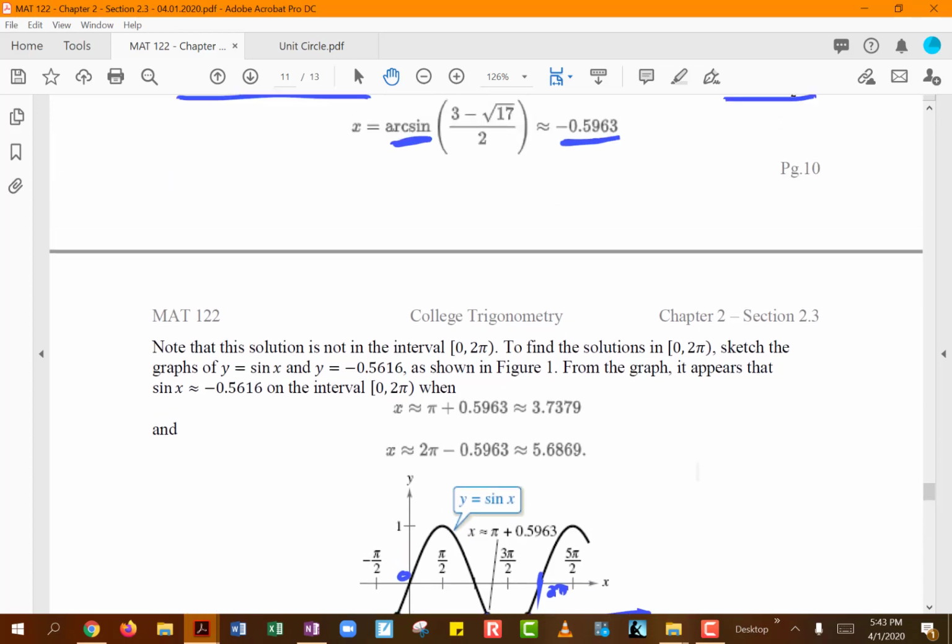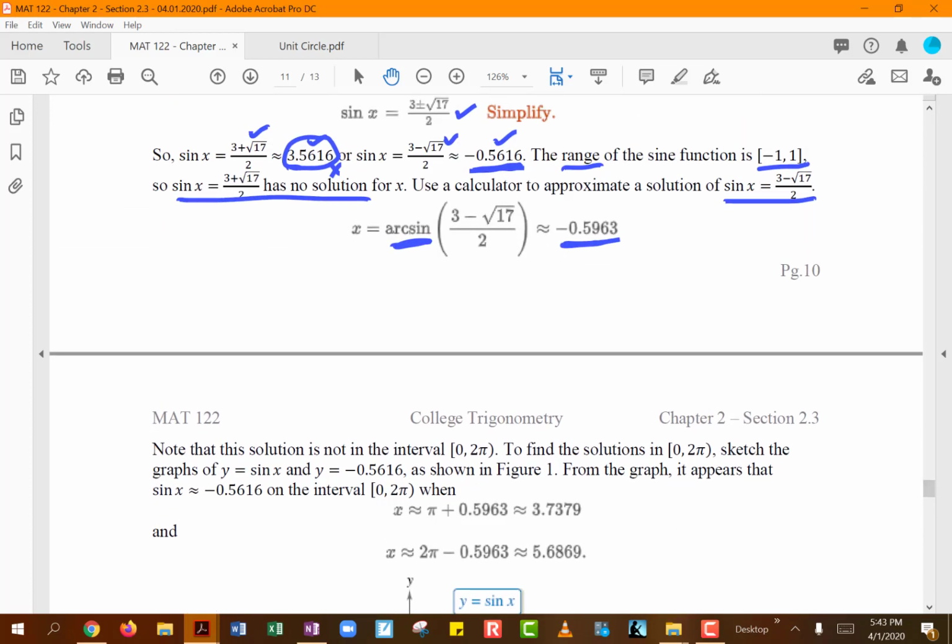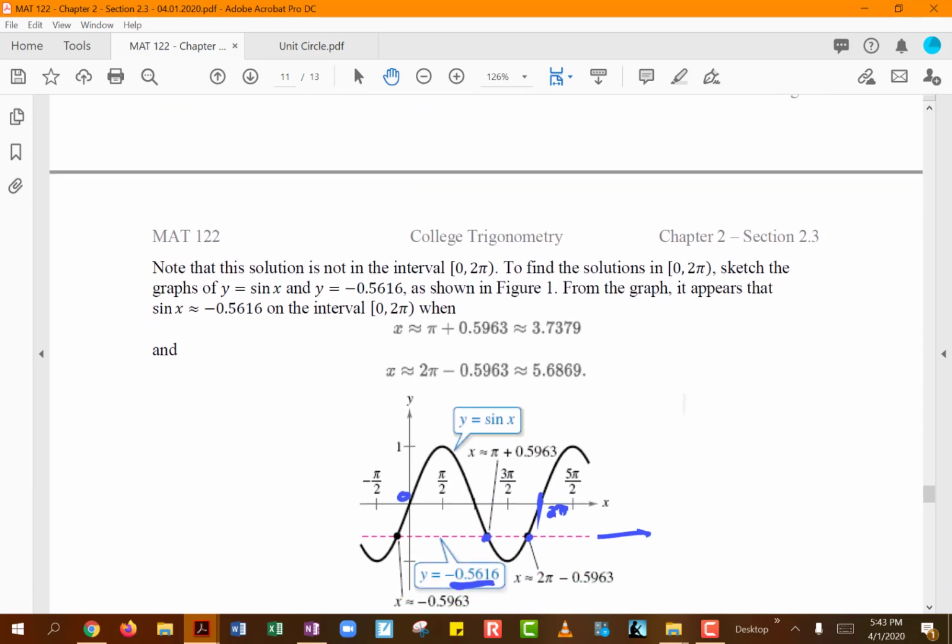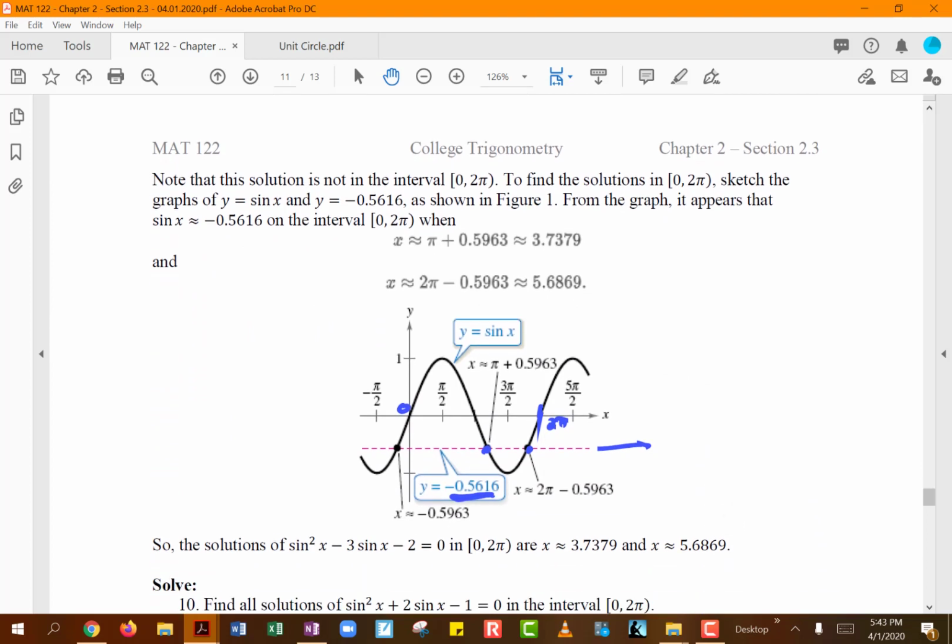So what's happening here is this answer that you got, that x equals negative 0.5963. So you can see this number here, where my sine x curve is crossing the x-axis at, is actually right at pi. So if you just draw a vertical line from there, you see this little distance from that vertical line I just drew to this point right here, where my curve crosses the pink dotted line.